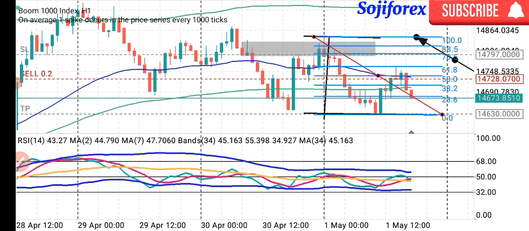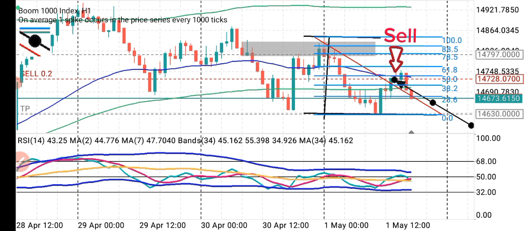Now this is a live market scenario. Okay, as you can see, I have a trade running here with this same strategy, and look at what happened. Price came, pulled back into the 61.8 level of the Fibonacci, and then gave me this inverted hammer.